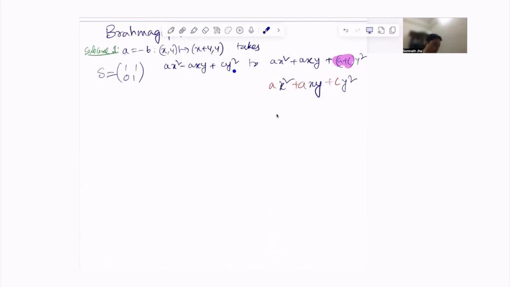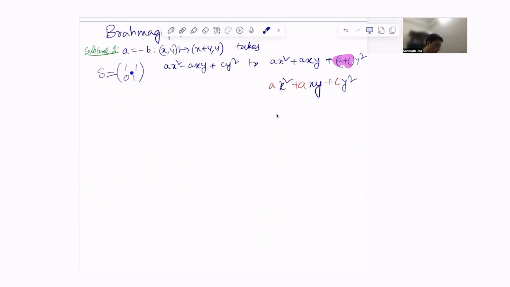If this was a reduced form, then mod a was equal to mod b, and b was possibly negative, so we just wanted to make b positive. So the choice was to make it ax square plus axy plus cy square.